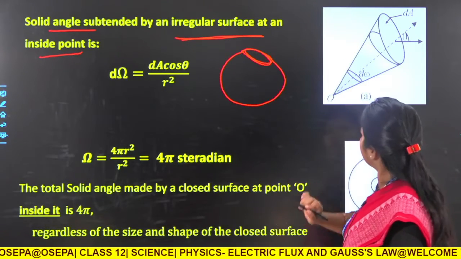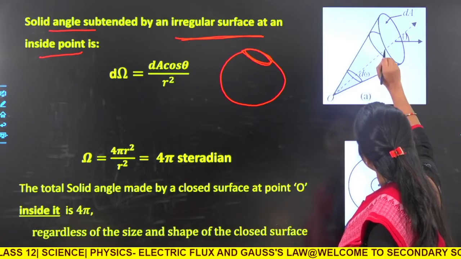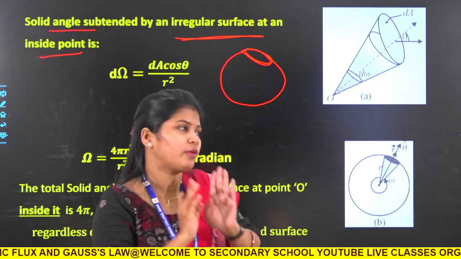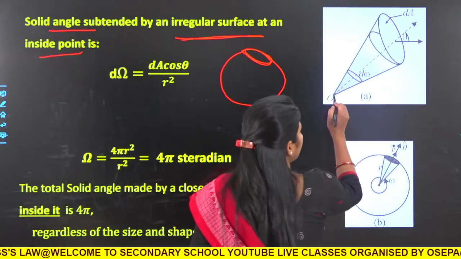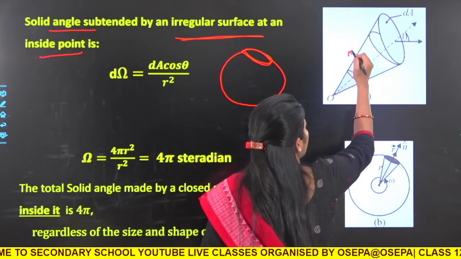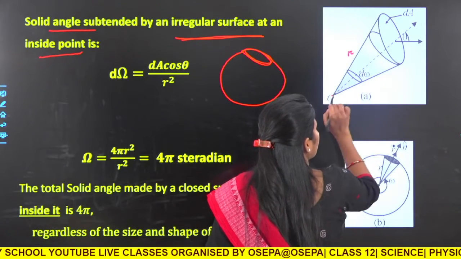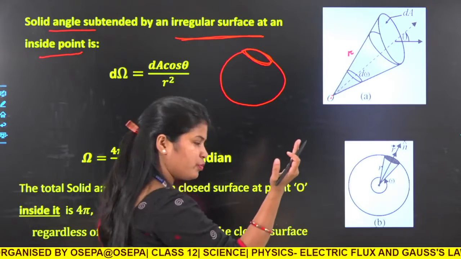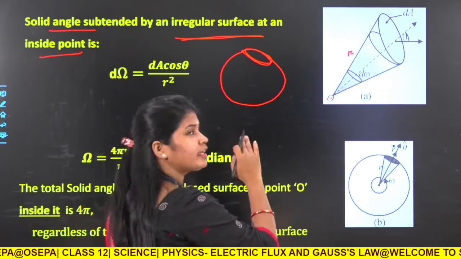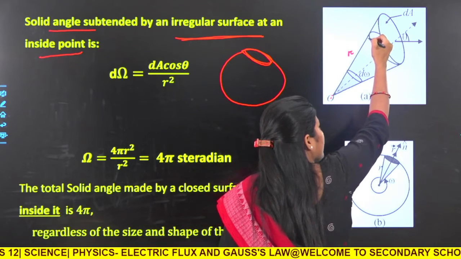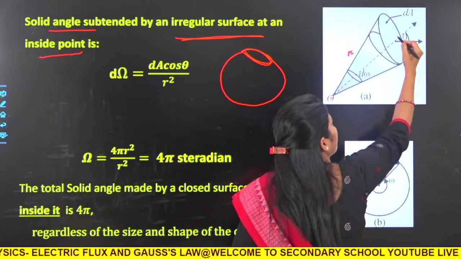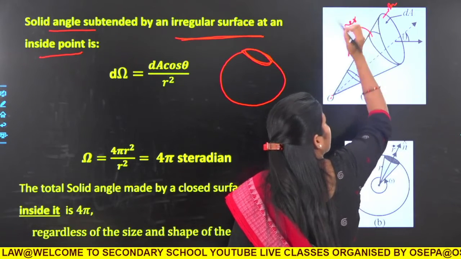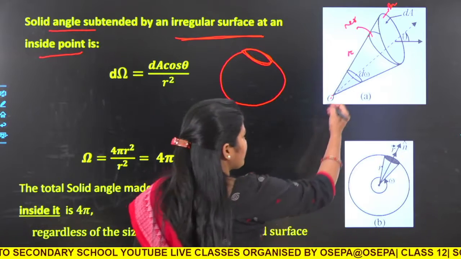See, we will consider that the radius, that means the distance r, should be the same everywhere. This distance r is not equal to this distance, so we imagine a symmetrical surface.